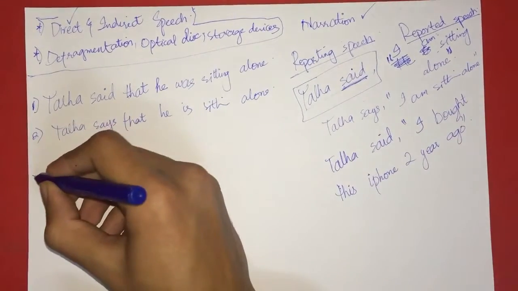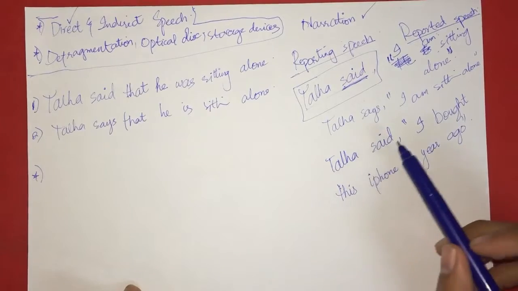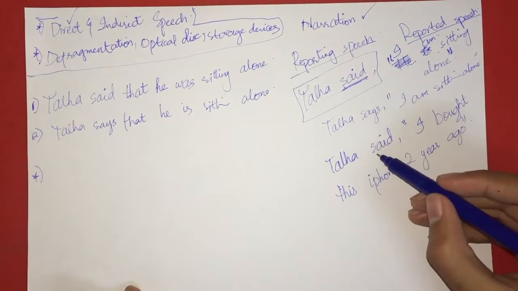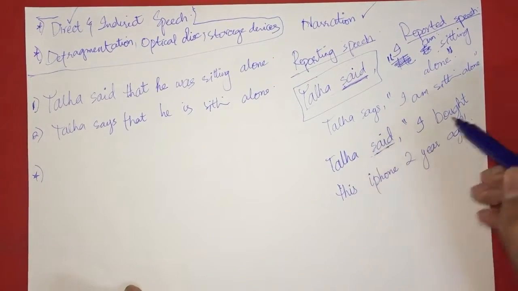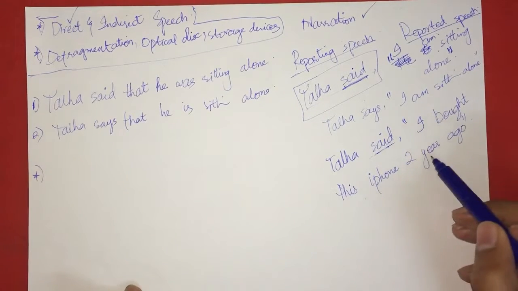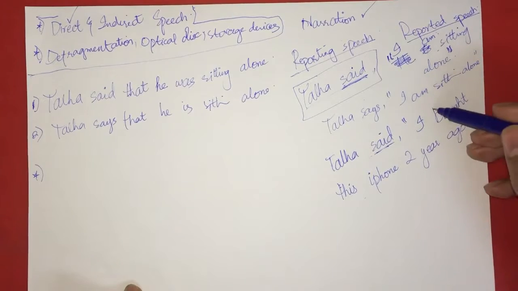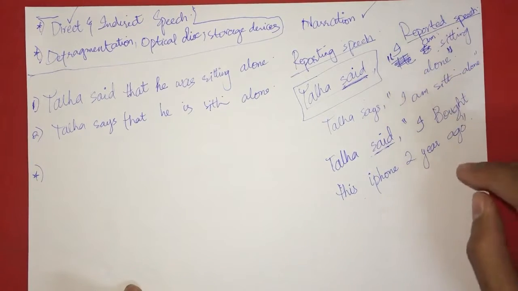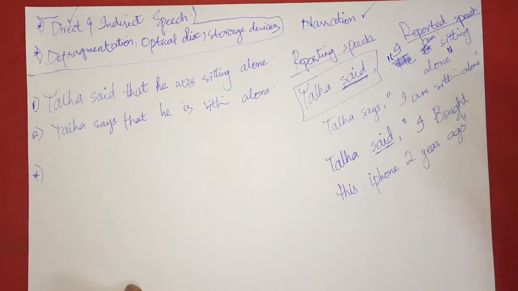So how are you going to change the sentence? As I stated before, if the verb of the reporting speech is in the past tense and the reported speech is also in the past tense, the tense of the reported speech is going to change into past perfect.